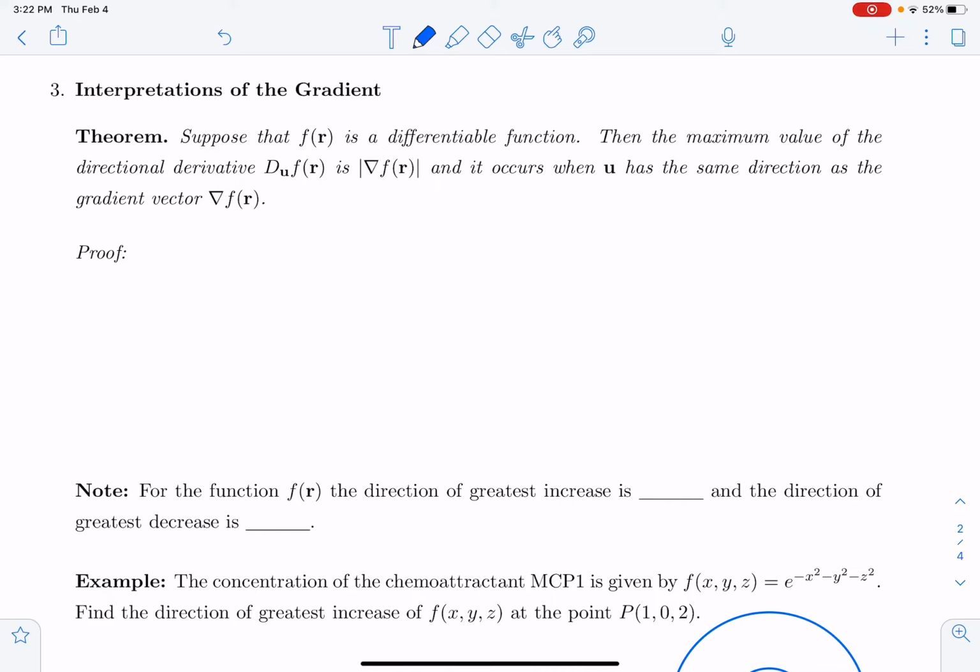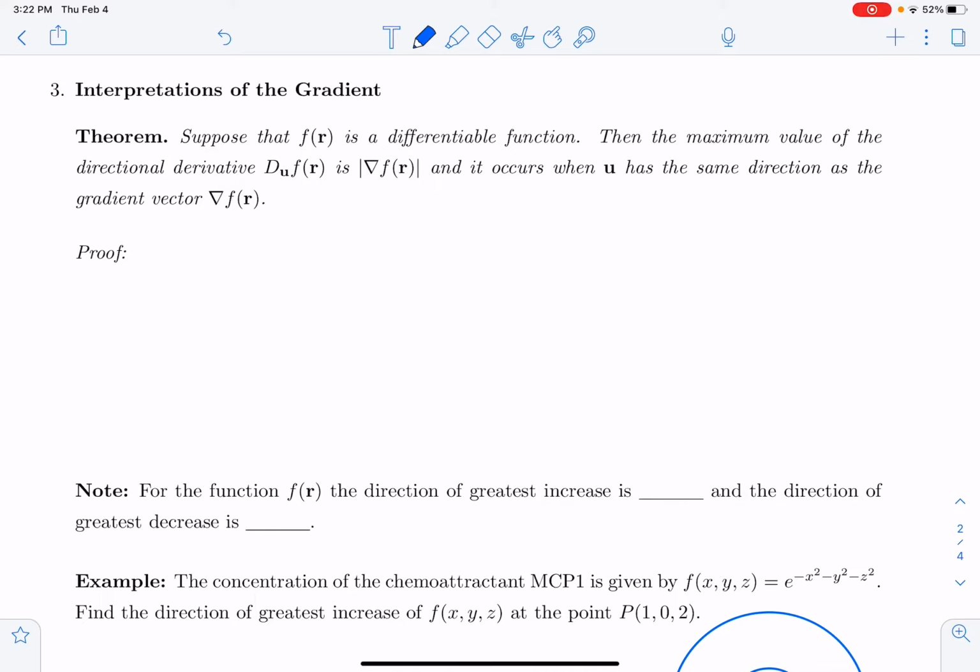And it occurs when u has the same direction as the gradient vector grad f of r. So what this is saying is that the gradient tells us the direction of greatest increase. And that is the interpretation that we can use when thinking about the gradient vector.